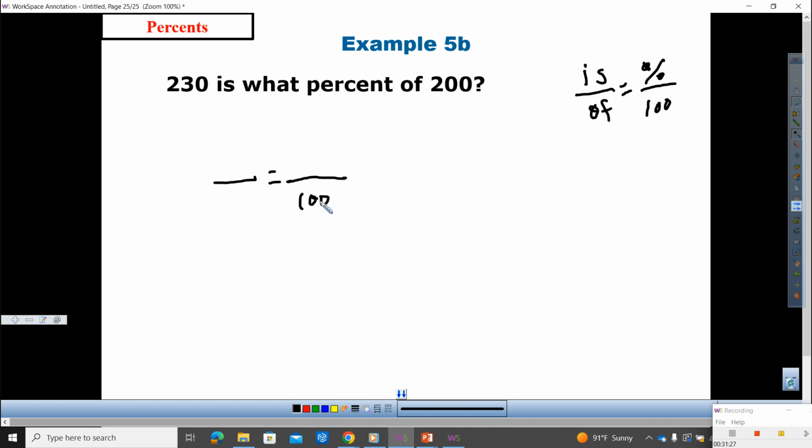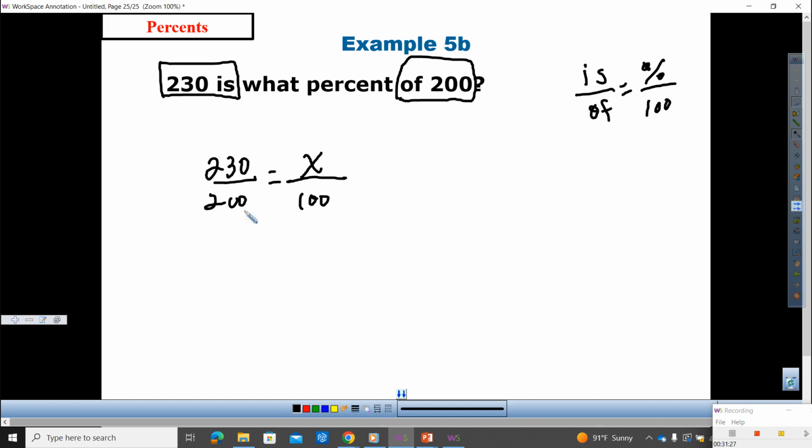Okay, here we go. 230 is, tell your neighbor where I write that one. Where do I write that one? Above the first fraction, so it's 230. Of 200, tell your neighbor where to write that one. In the denominator where the of goes, so 200. So that means over here we write what?